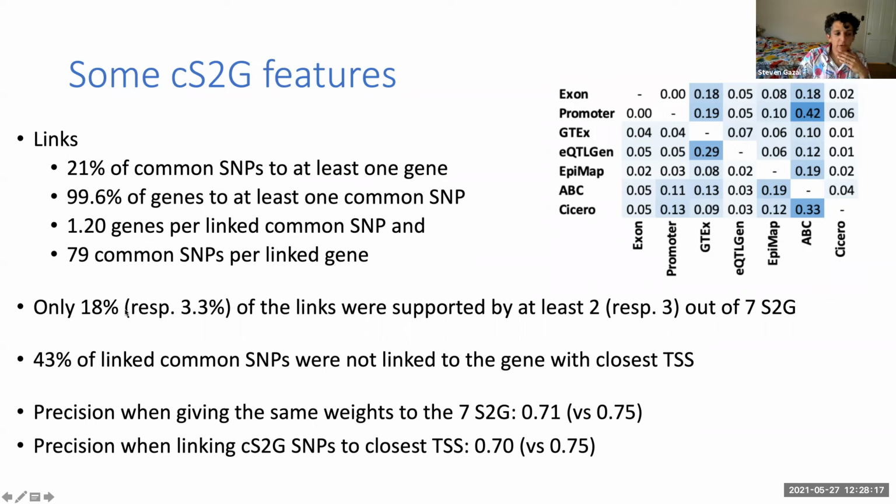One surprising result was what I plotted here, which is the concordance between all the SNP-to-gene strategies, which shows that there's only a little overlap between all the strategies together. So for me, it was a strong motivation to continue to combine these maps together, right?